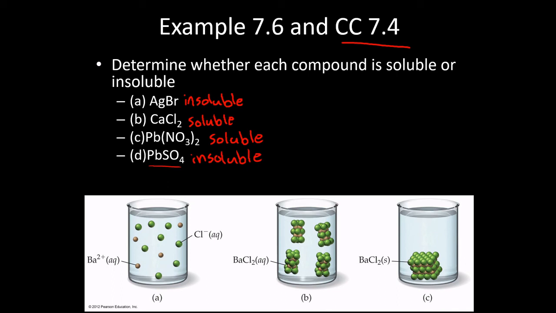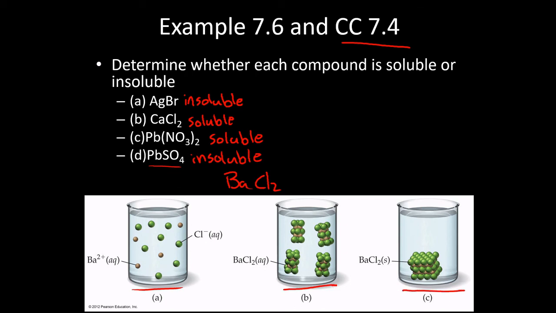Conceptual Checkpoint 7.4 says, which image best depicts a mixture of barium chloride and water? So if we have barium chloride, is it going to look like this, or like this?